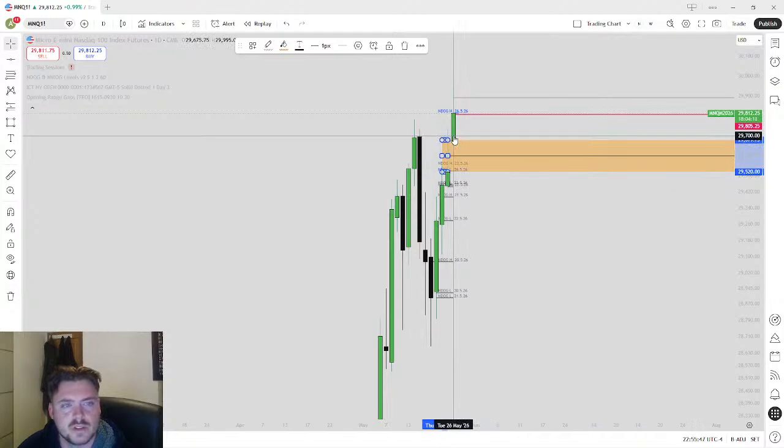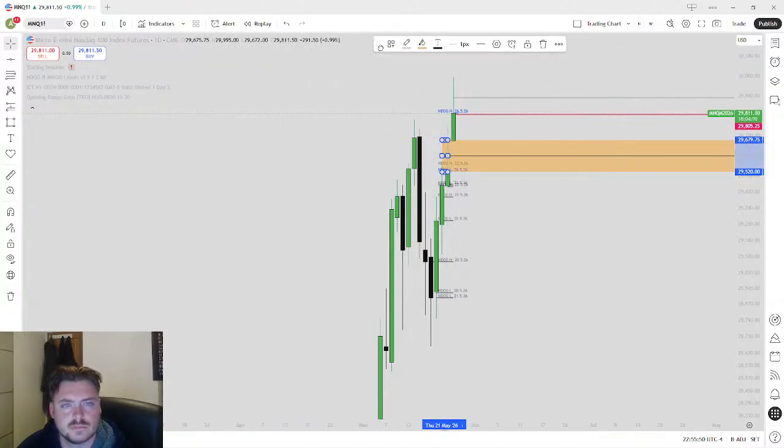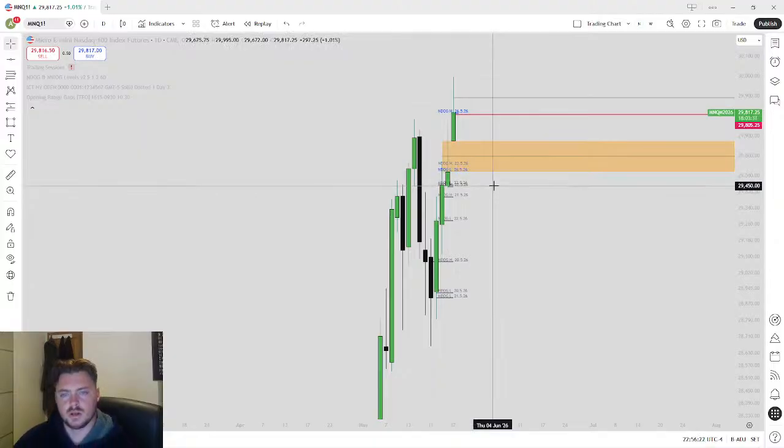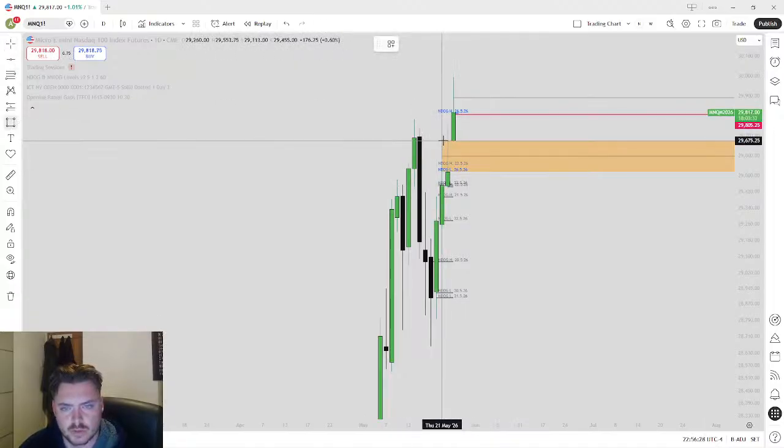Look at the open of this candle, where it says O up here, which is this one: 29,675.75. There we go. Close enough.